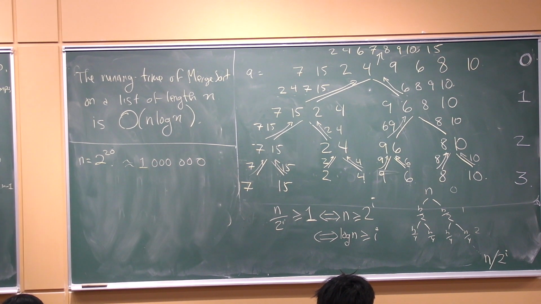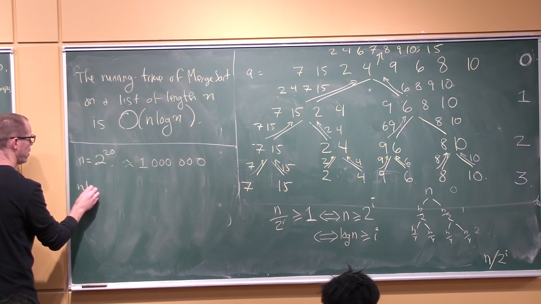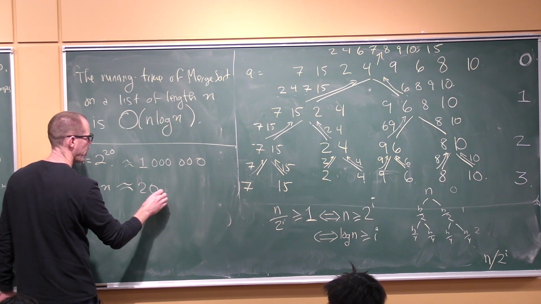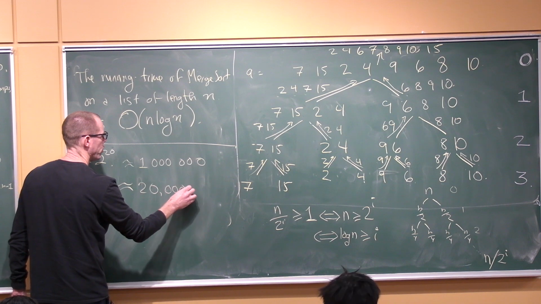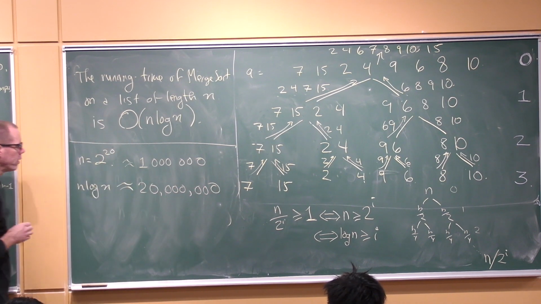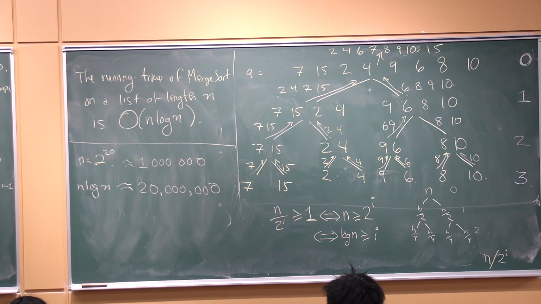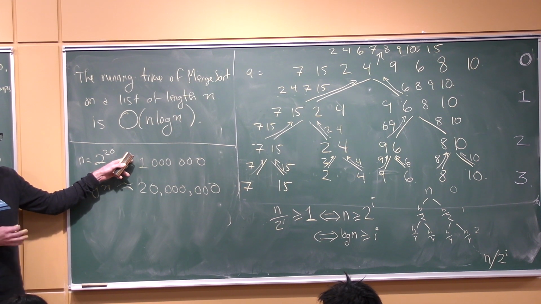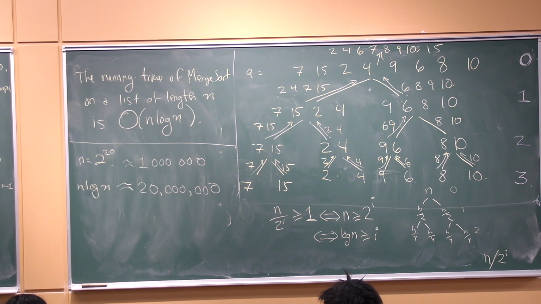So if I want to sort 1 million elements, then the number of comparisons that I do is about 20 million. That's not terrible. 20 million is not a huge amount to ask a computer to do, and especially if you're asking it to sort 1 million things, then 20 million operations is not outrageous.